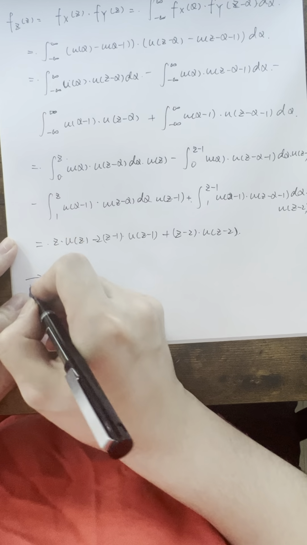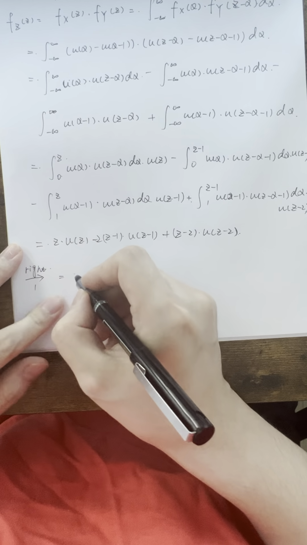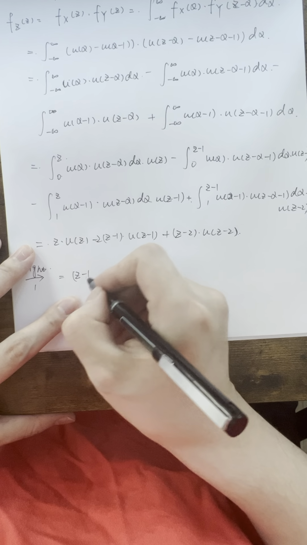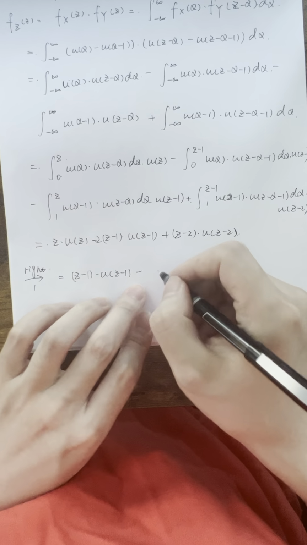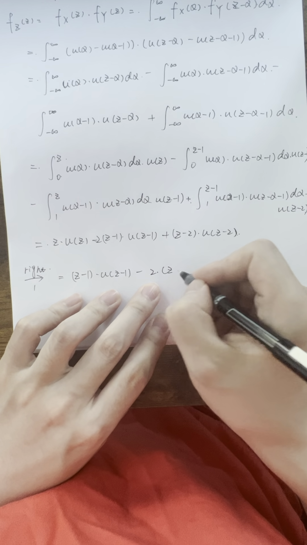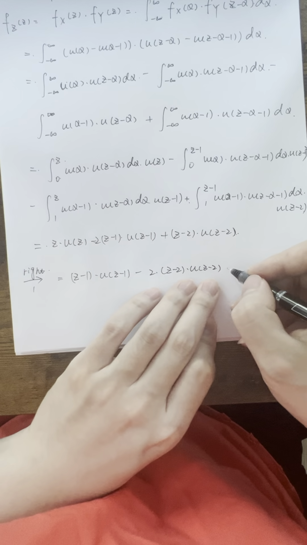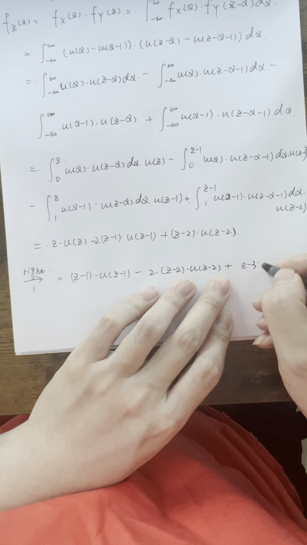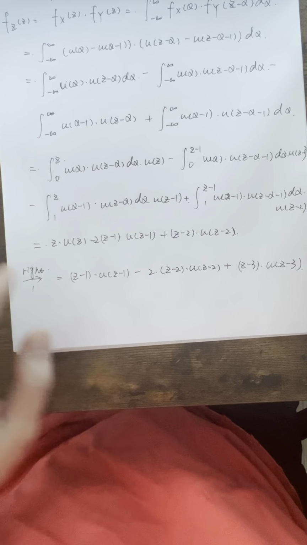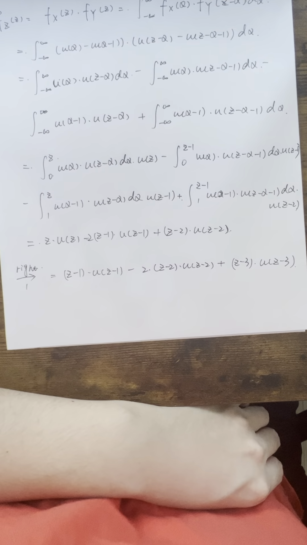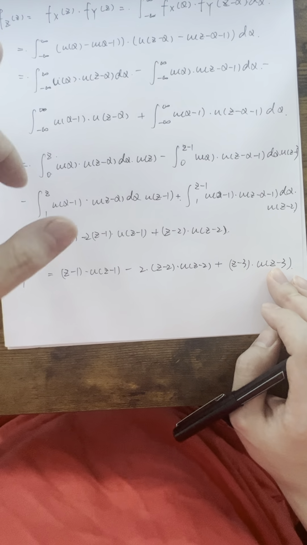After shifting right by 1, this is equal to (z minus 1) times u(z minus 1) minus 2 times (z minus 2) times u(z minus 2) plus (z minus 3) times u(z minus 3). So this is the density function of z.